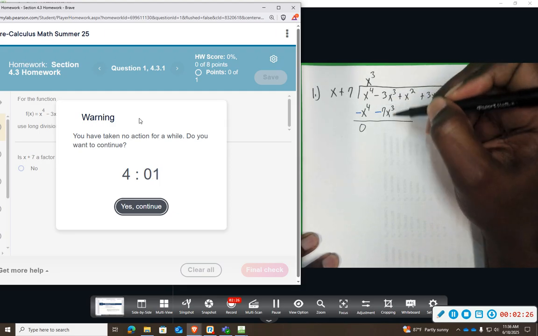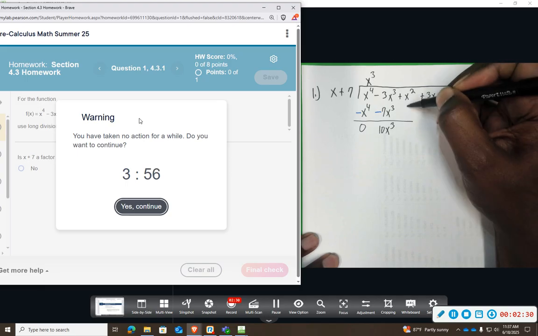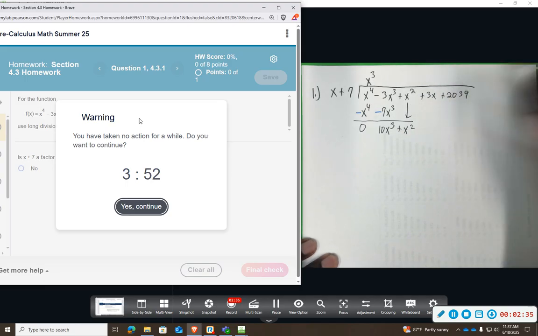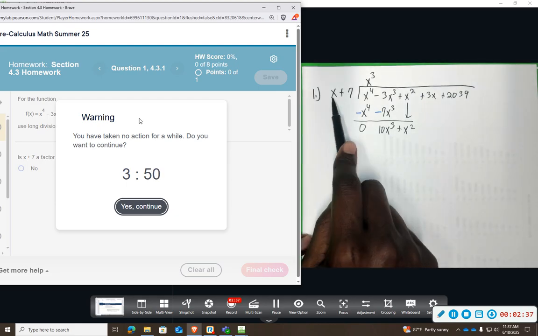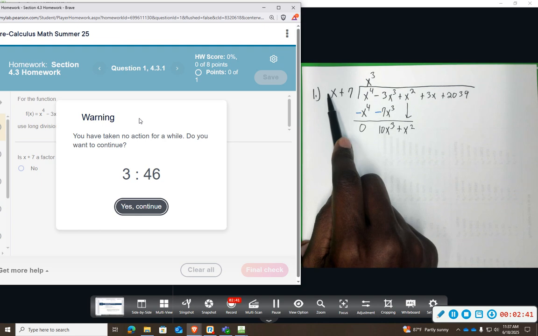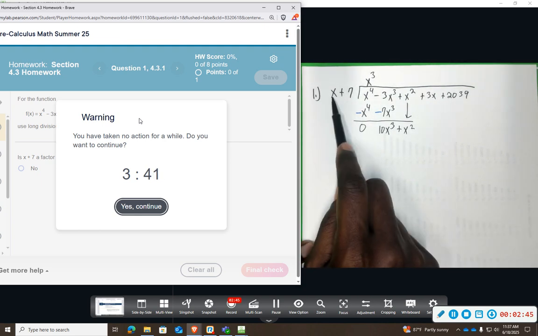When we combine these terms, we get a 10x to the 3rd, and then we bring the very next term down. And we just repeat the process. So I'm starting with this, trying to get it equal here. That means I need to multiply by 10 out front. And I have 1, but I need 3, so that means I need 2 more.